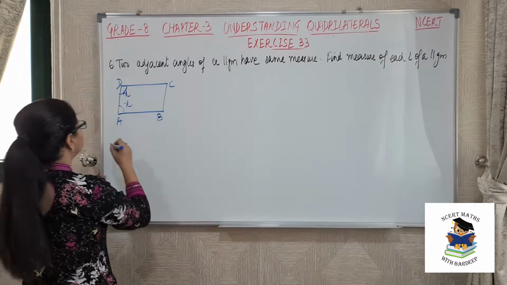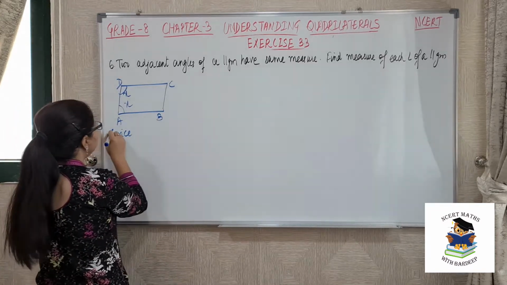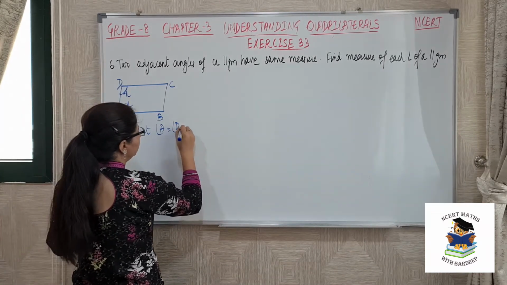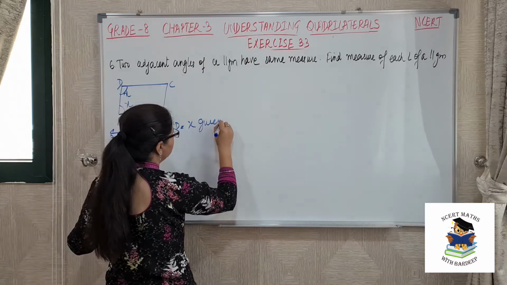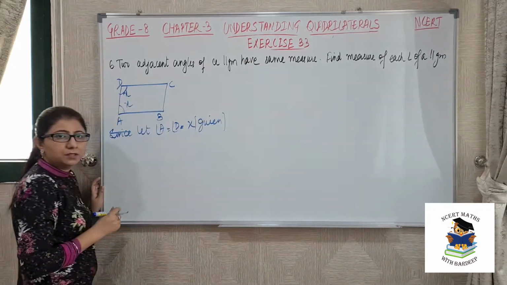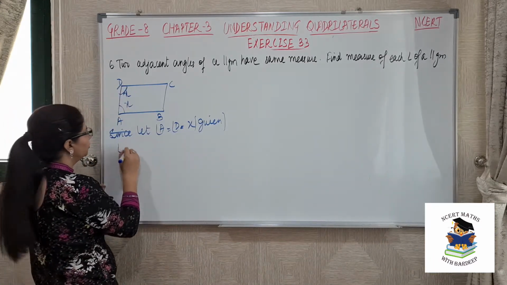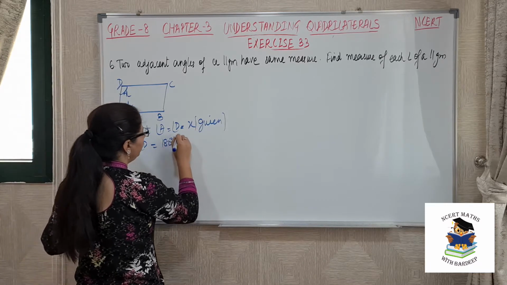So let's see. Let angle A equal D equal x, because this is given. Now what property can we use with this? They are supplementary, so A plus D is 180 degrees.